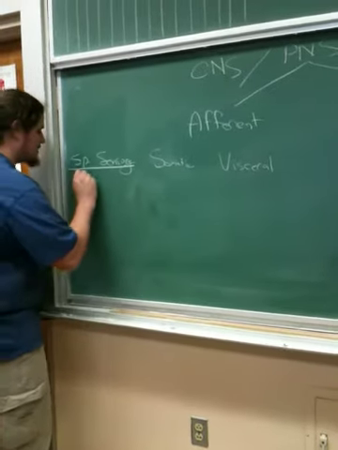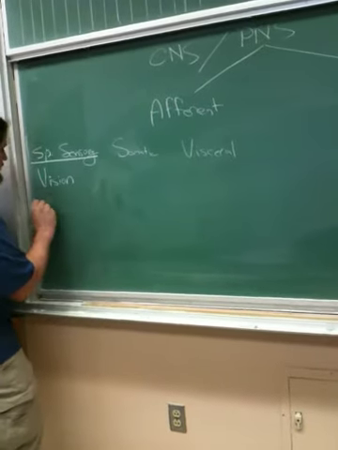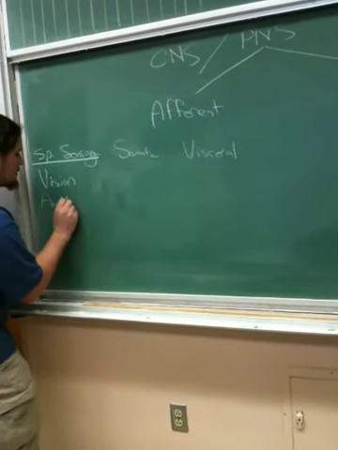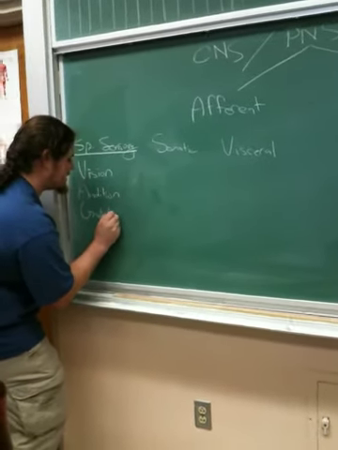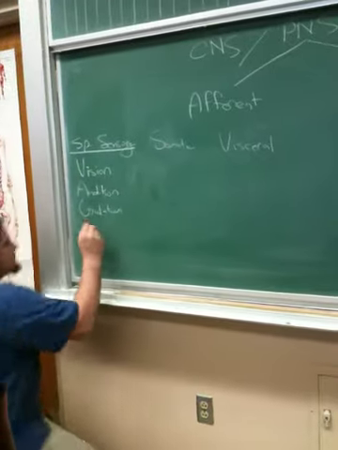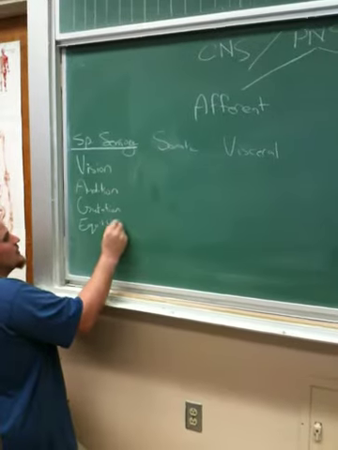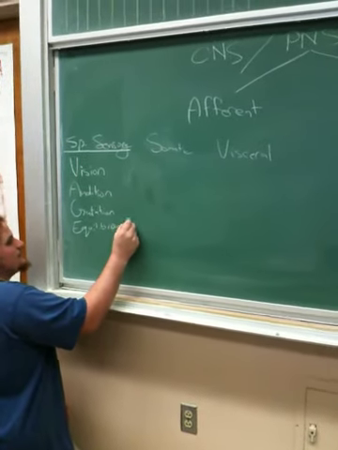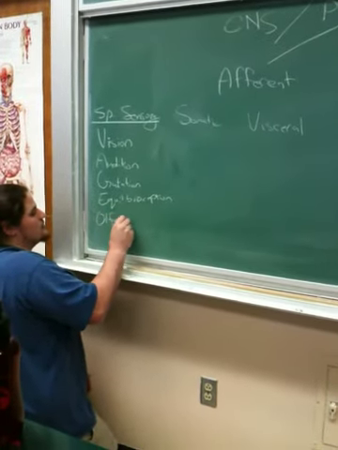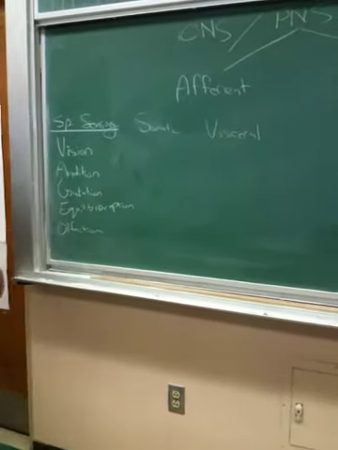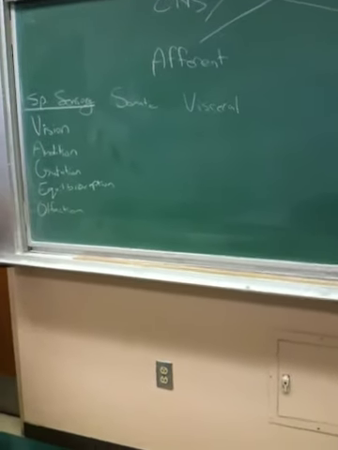And the special senses are going to be vision, audition, gustation, equilibrioception, and olfaction. That's sight, sound, taste, equilibrium, and smell.